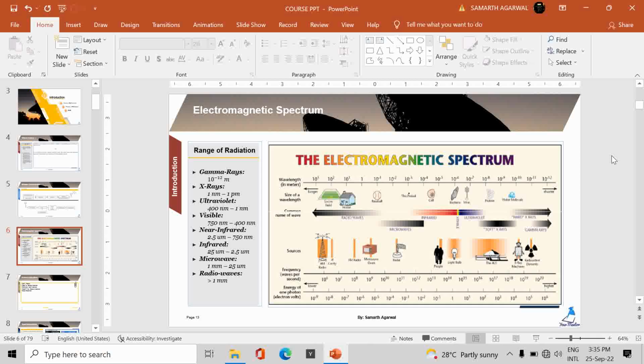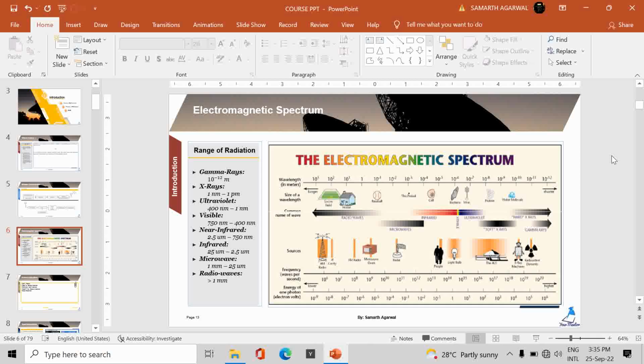So for the infrared region, we all know the frequency range, and I have already mentioned the wavelength range here, so you do not need to confuse the frequency with the wavelength. As you can see, the first line depicts the wavelength in meters, which ranges from 10 to the power 3 to 10 to the power minus 12, which is far, far shorter.